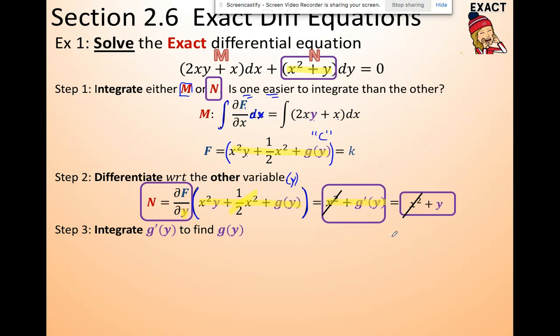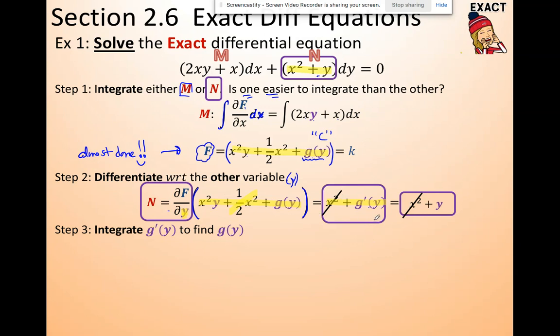Can you tell me, remember what I'm after at this point? At this point, I almost have my f. The only piece I'm missing is g of y. I'm almost done with the solution. My only goal was to get g of y, so I took the derivative so I could get g prime, because I already have g prime up here.